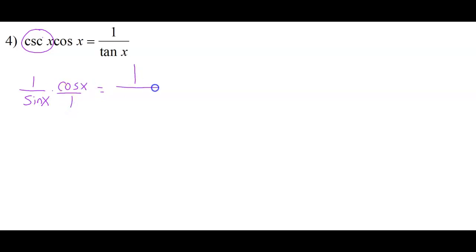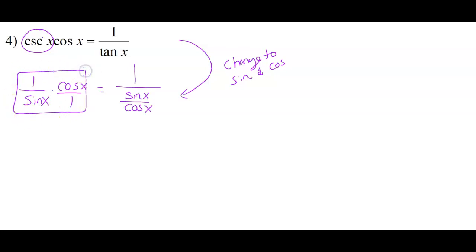And I would change the tangent into sine over cosine. And that would be changing everything to sine and cosine. All right, next step, multiply these together.